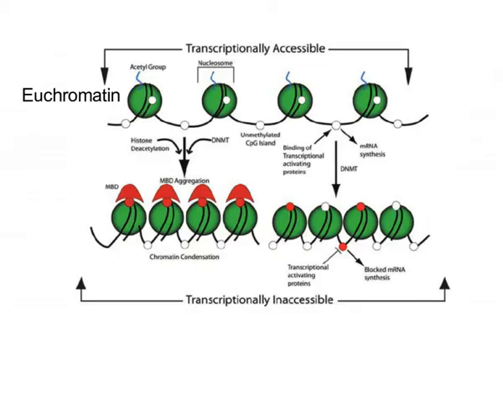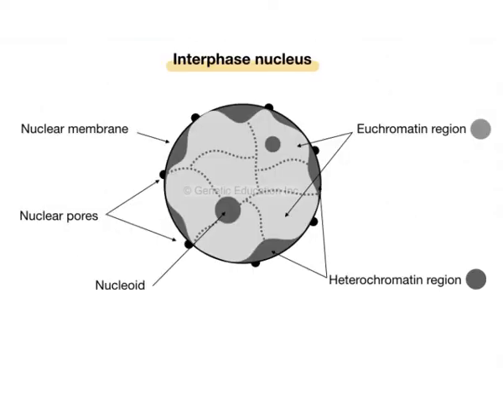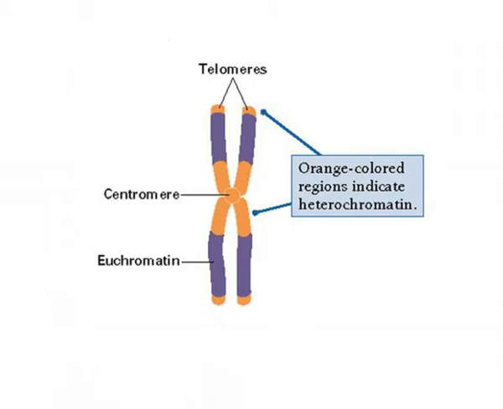Euchromatin is transcriptionally active, containing the majority of the active genes, while heterochromatin is transcriptionally inactive, that is, genes within heterochromatin are inactive. The euchromatin occupies most of the nucleus, while heterochromatin is present near the nucleolus and nuclear envelope. The heterochromatin is present at the centromere, telomere, and the highly repetitive DNA sequences.